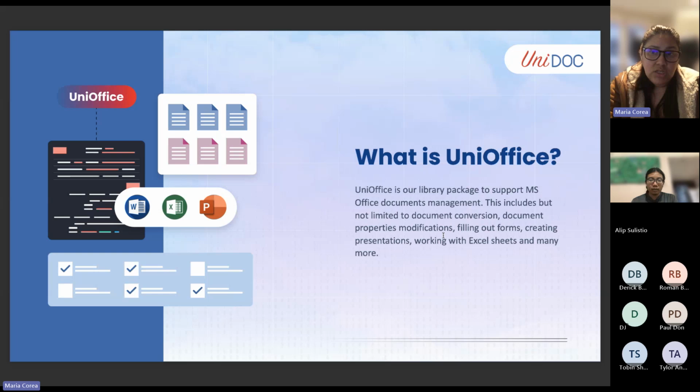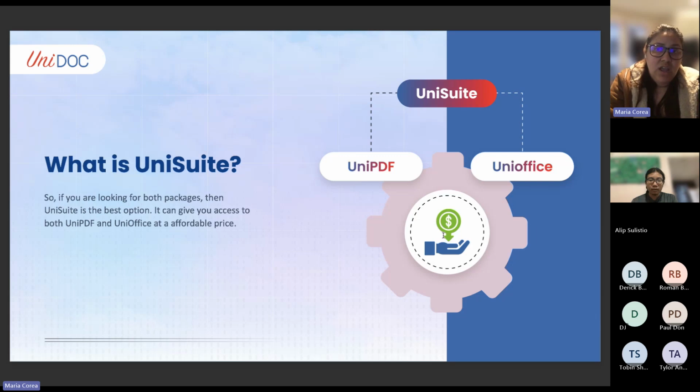This includes document conversion, document property modifications, filling out forms, creating presentations, working with Excel sheets, and many other things. We also offer UniSuite, which combines both packages. If you're looking to have access to both types of files, the best option is to get UniSuite at a very affordable price.